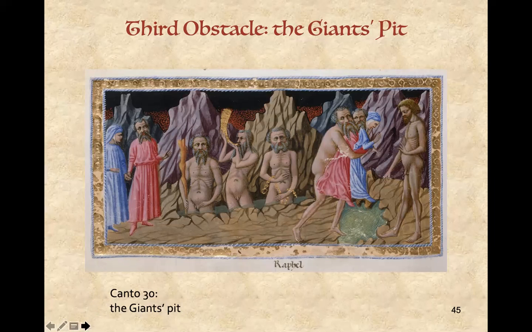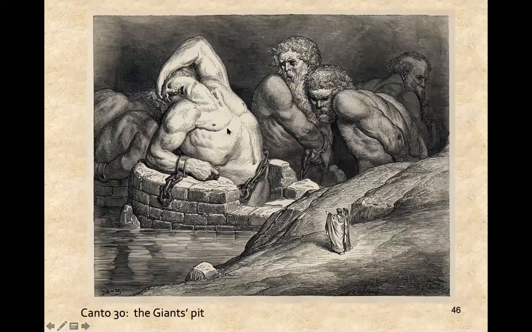So it is through them, again, I like Gustave Doré's representation because it gives us a sense of the proportions here. As you can see, as Dante says, one of the giants will take them in the palm of his hand and will deposit them at the bottom of hell.